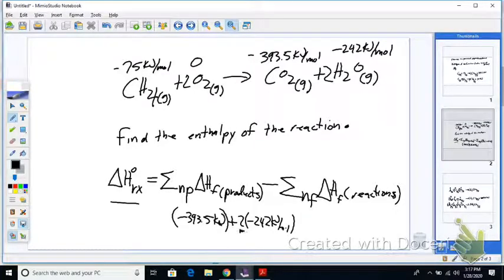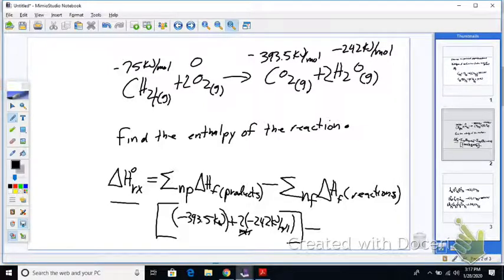And my moles cancel out. Okay. Then I put this all in brackets and I get that value. So basically it's negative 393.5 plus 2 times a negative 242. That's the sum of the heats of formation of my products.